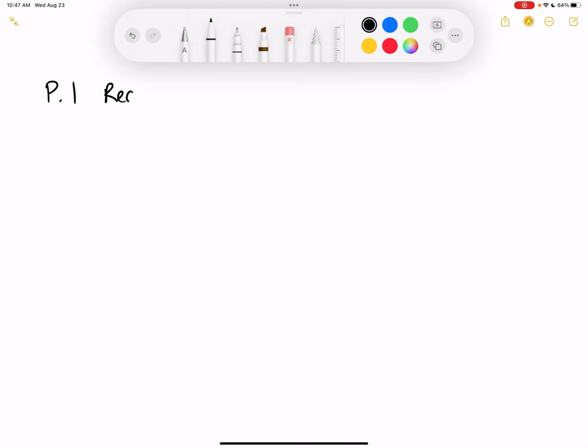Okay, we're gonna do this again. Real numbers. So just for reference, a real number is any number that can be written as a decimal.